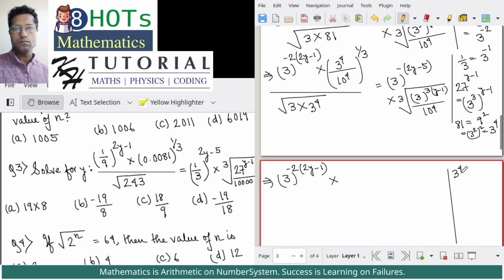So I am breaking 3 to the power 4 divided by 10 to the power 4, this whole 1 by 3.